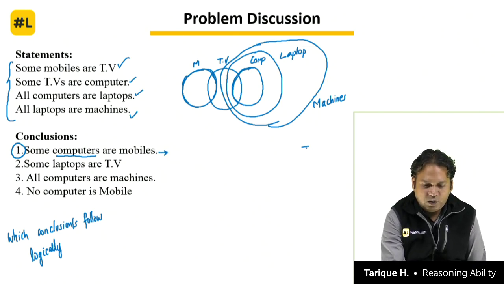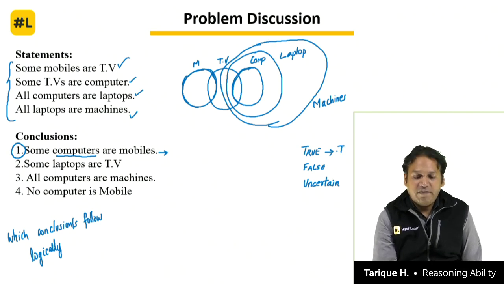There are three comments we can make for every statement. Is the statement true? Is the statement false? Or is this statement uncertain? Wherever we know that the statement will be 100% true, we'll write T there.